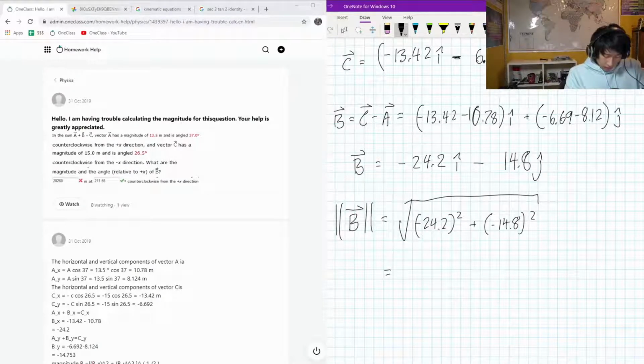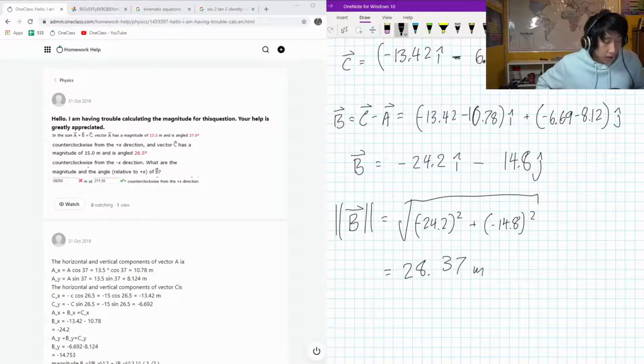This will be under the root 24.2 squared plus 14.8 squared. And that is 28.37 meters. And it's going to be positive. Magnitudes are always positive. Okay, so that's good.